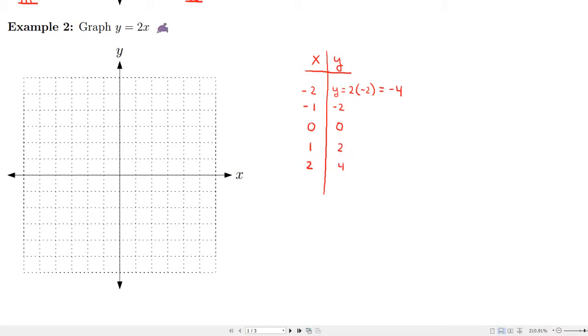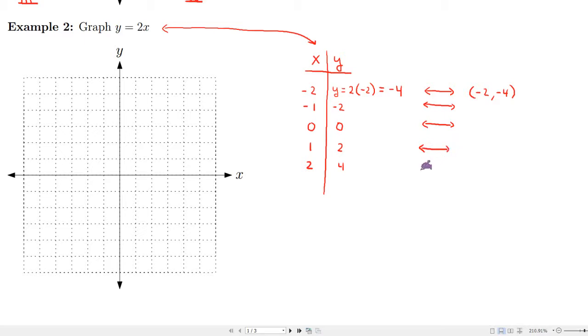So you're writing out your pairs of points here. This now gives us a pair of points, negative 2, negative 4. What we can do is pretty much what we just did above, which is plot these corresponding points and see what happens.